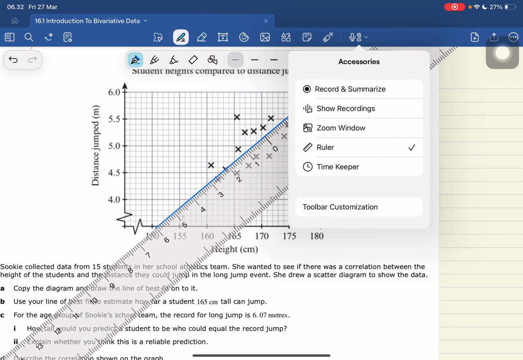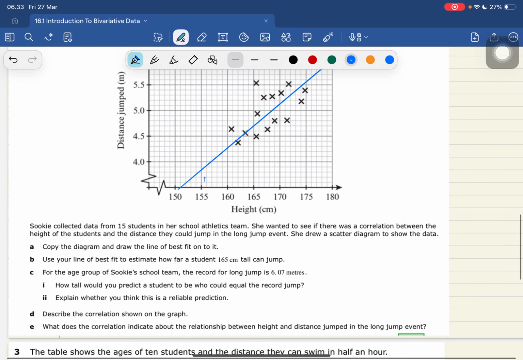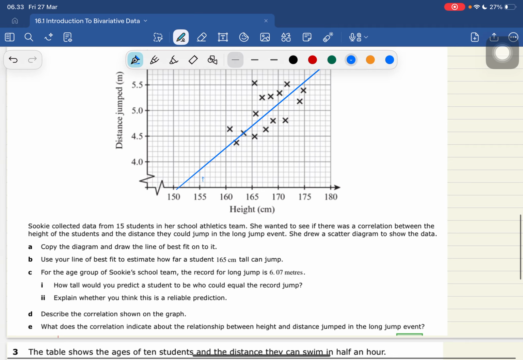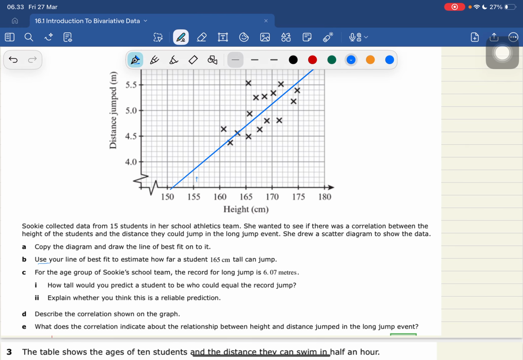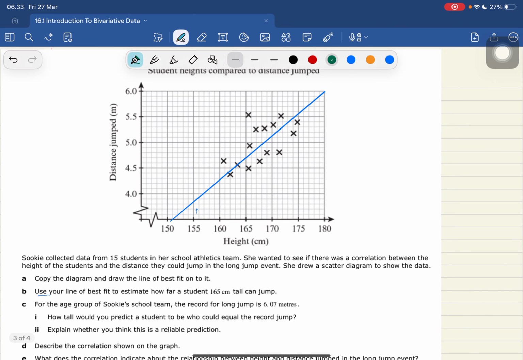Okay. Here is to draw the line of best fit. And then B, use the line of best fit to estimate 165. Okay, 165. See, 165.